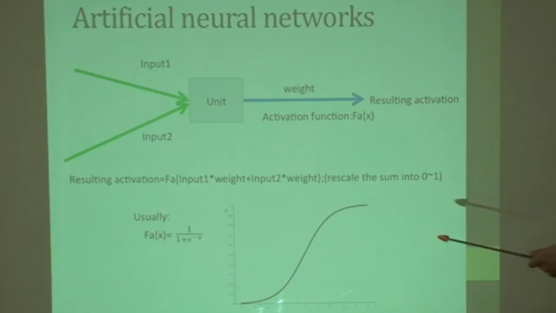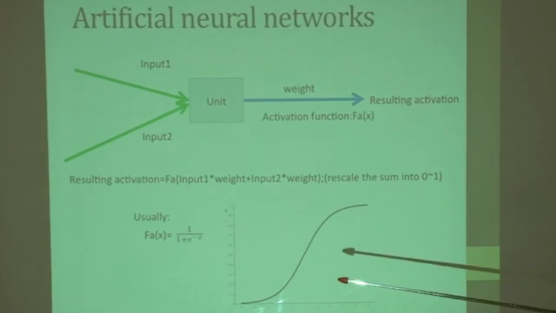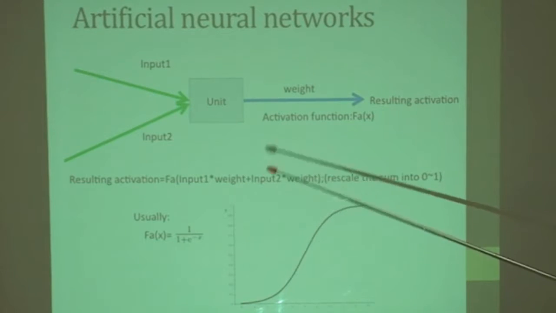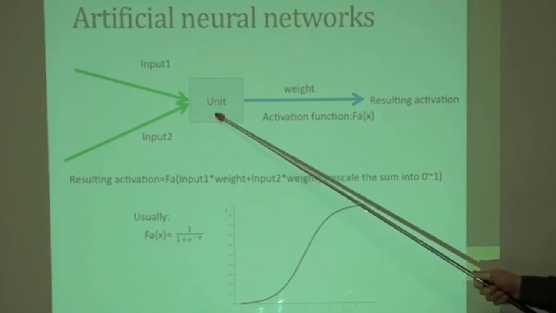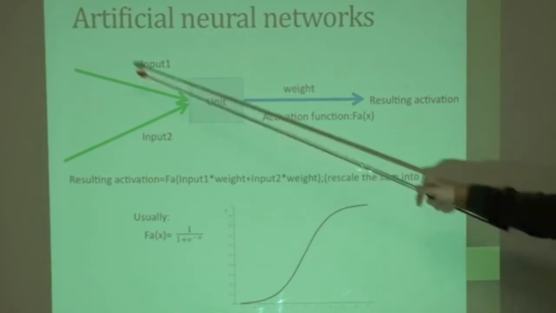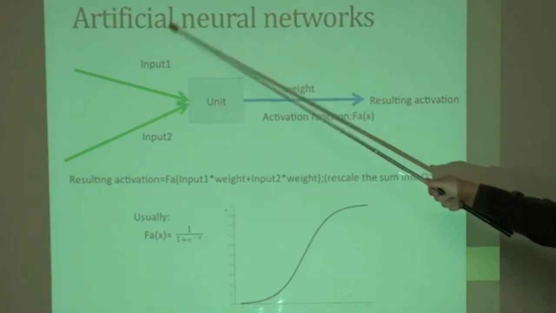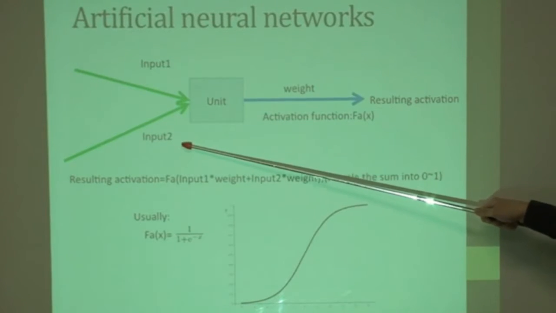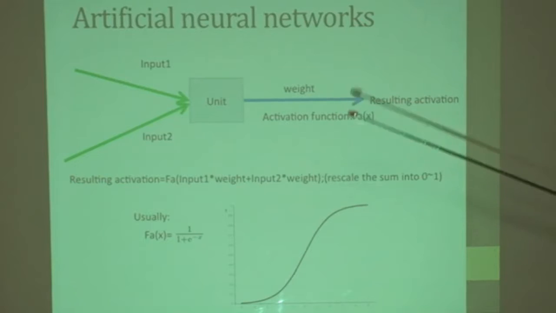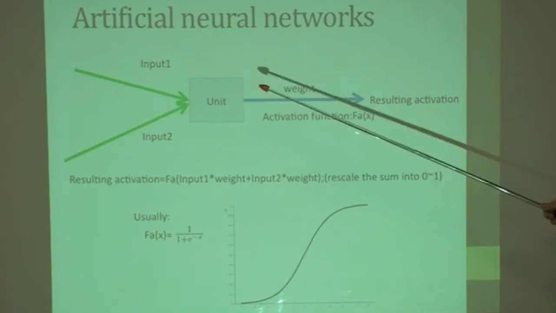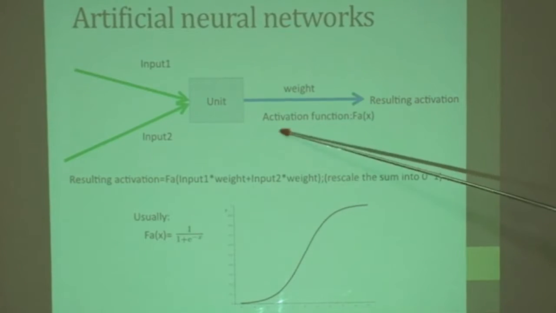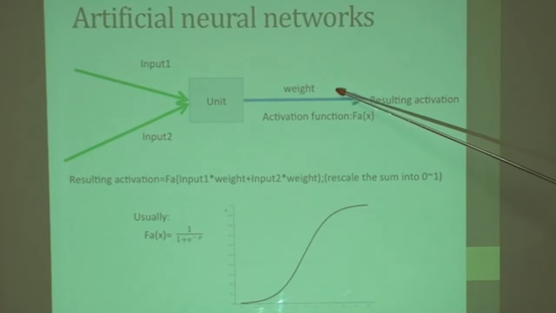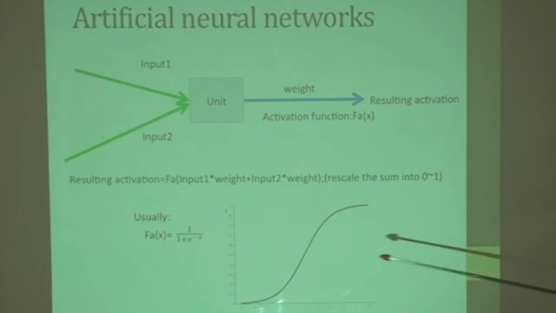And this picture shows the detail of the artificial networks. First of all, this is a unit in the network, and we have two inputs, input 1 and input 2, and these inputs will be processed by the connections, resulting in an activation to be sent to the next unit.